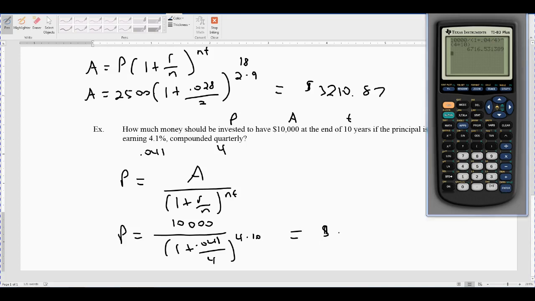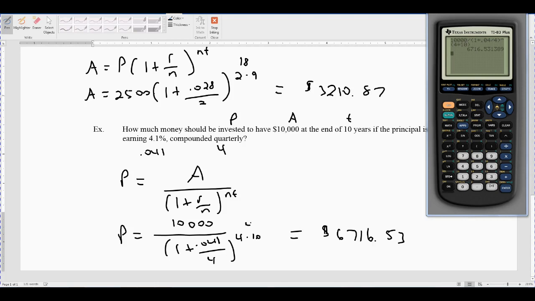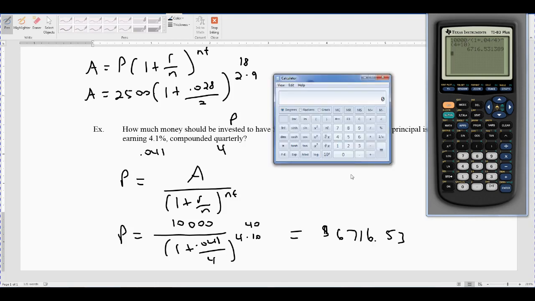And then we invest 6716.53. Let's take out our scientific calculator. I'm going to do the bottom part first, and that's a 40. So 0.041 divided by 4 plus 1 equals, raised to the 40th power, equals. I'd like to save that, but I don't know if I can on this calculator.